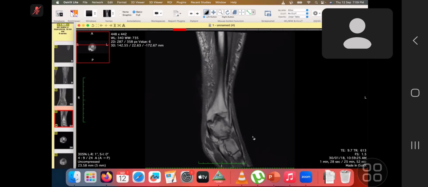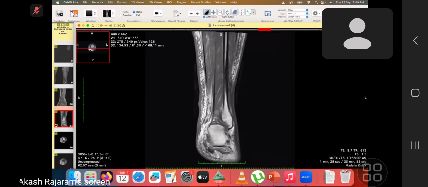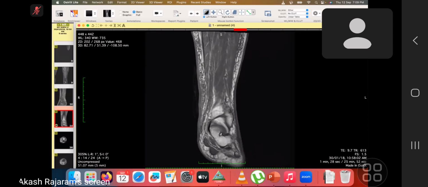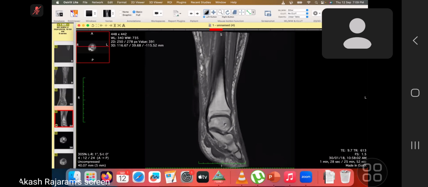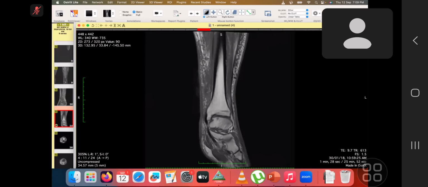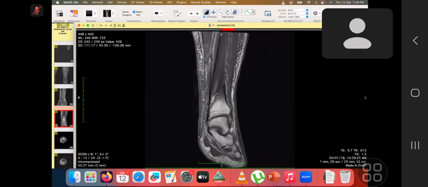So overall, I believe that this could represent an infective process. I would look through the rest of the images as well, with the joint swelling and the signal changes at the talar dome and posterior subtalar joint, which need to be followed up. An orthopedic review would be helpful, and the patient needs to be followed up.